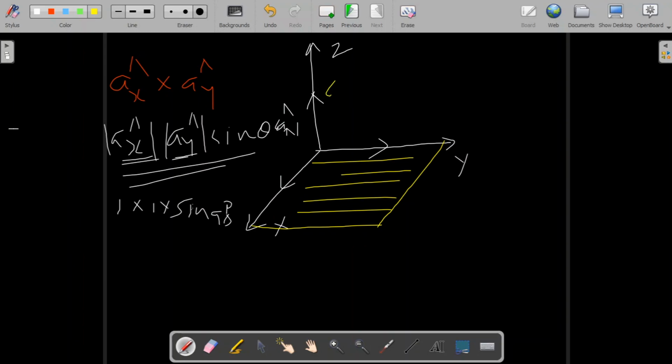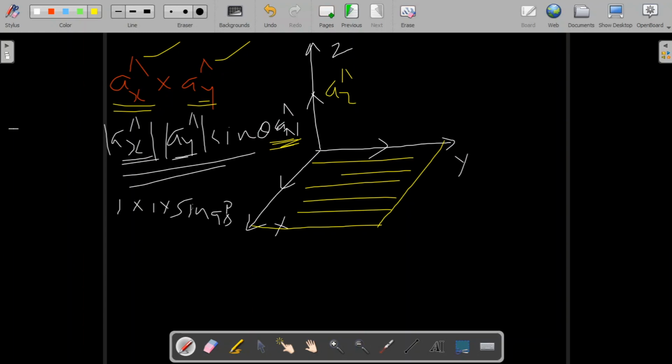So this is Az cap, agree? Because that unit vector is in the direction of the z axis. So which is this An cap? The An cap is nothing but Az cap, right? Why? Because I have Ax cap cross Ay cap, so I should have a normal vector to both Ax and Ay. So what is that now? Az cap.